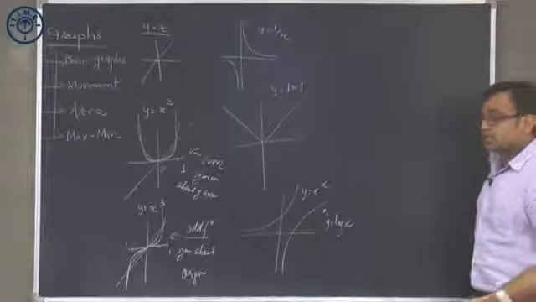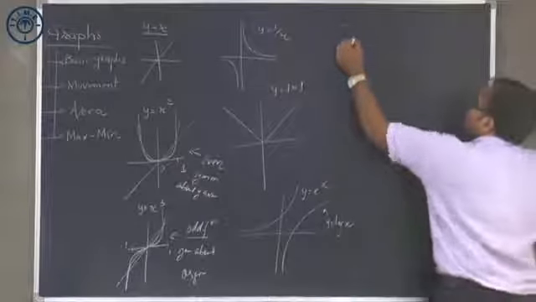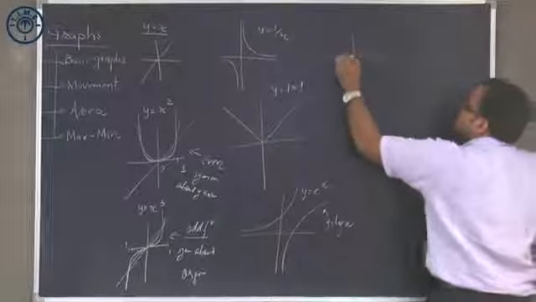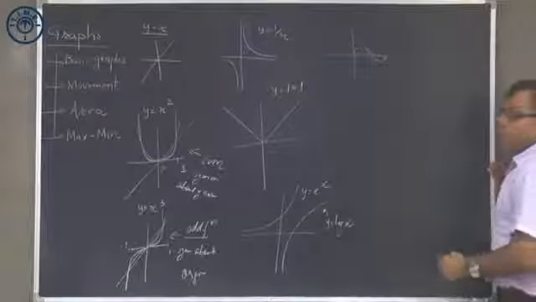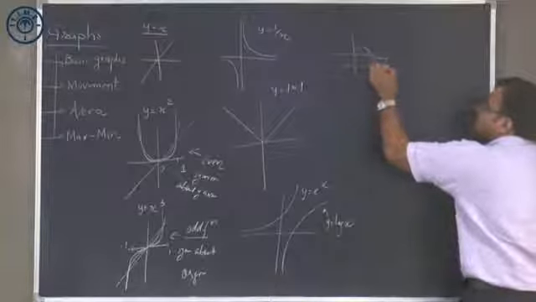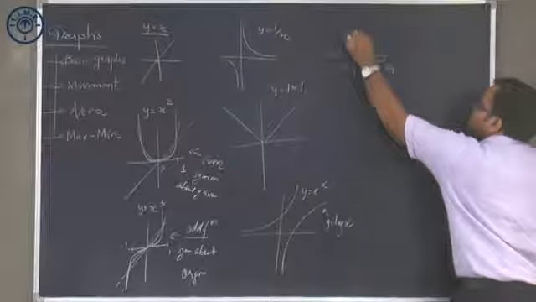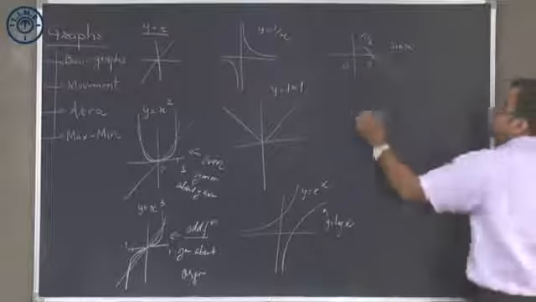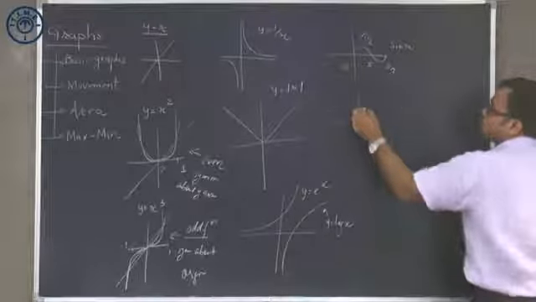Next, sin x, cos x, tan x. The graph of sin x would be something like this, from 0 to pi. So this is 0, this is pi, this is 2 pi. At pi by 2 it will be maximum. So this is sin of x. Cos of x is the opposite of this.